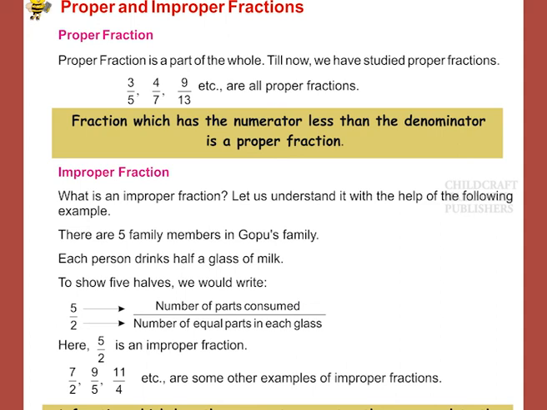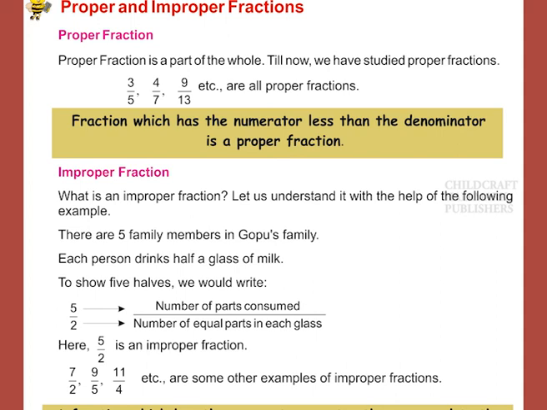Improper fraction. What is an improper fraction? Let's understand it with the help of the following example. There are 5 family members in Gopu's family. Each person brings half a glass of milk. To show 5 halves, we should write 5/2, number of parts consumed by number of equal parts in each glass.